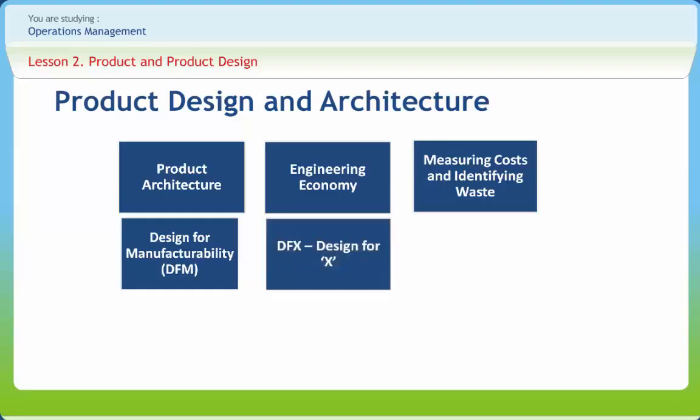DFX is a special case of DFM, where a certain area, say X, is selected for attention. Improvements in X are proposed after detailed analysis of the process by a team of cross-functional experts. The performance measures are established and items are identified that will simplify the process and at the same time provide value to the customer.